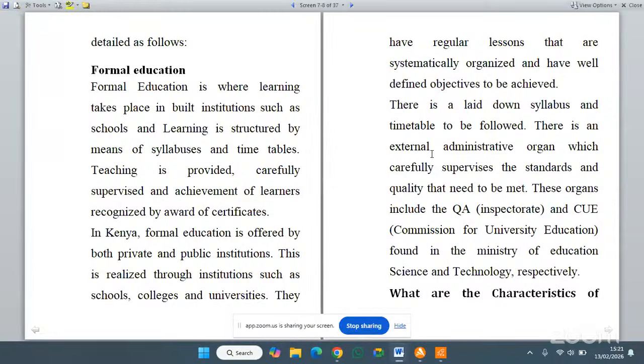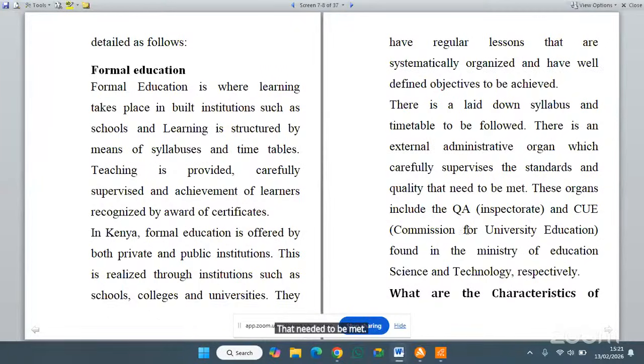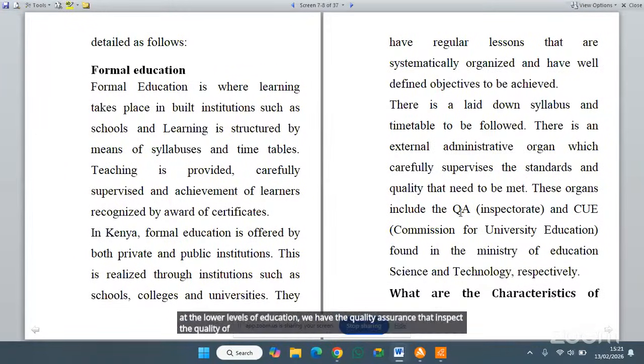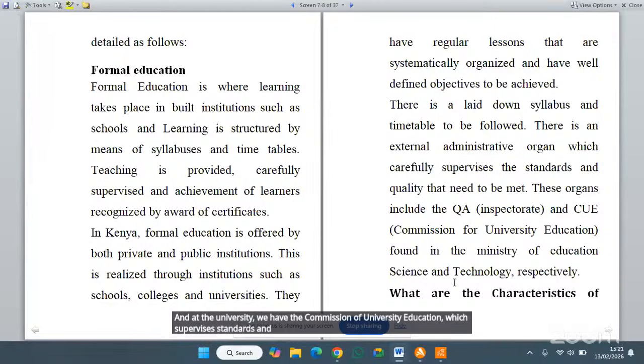There is an external administrative organ which carefully supervises the standards and the quality that need to be met. These organs include the quality assurance at the lower levels of education. We have the quality assurance that inspects the quality of education at secondary and primary levels. Then at the university, we have the Commission for University Education, which supervises standards and quality of education in the university.